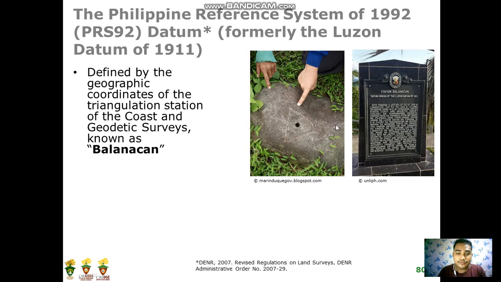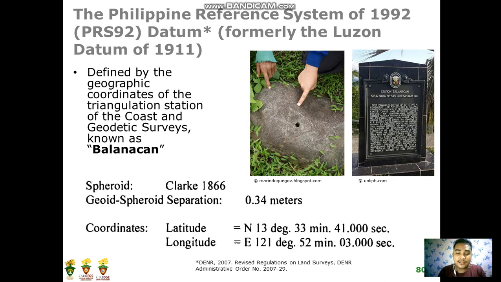So mao ni siya ang forma. Bato na siya nga dako na naka-usli na part, no, which is kani siya. Ilaha lang gidrill butangan og sign para sa mao ni siya ang origin, no? Origin sa geographic coordinates in the Philippines, si Balanakan. So makita na siya sa again sa Marinduque province, no? Marinduque province. So mao ni siya ang iyahang parameters.